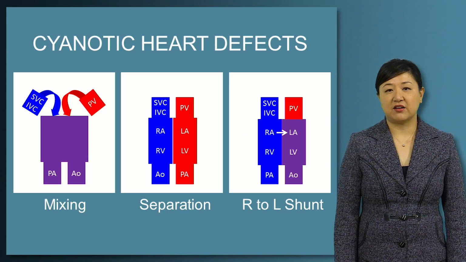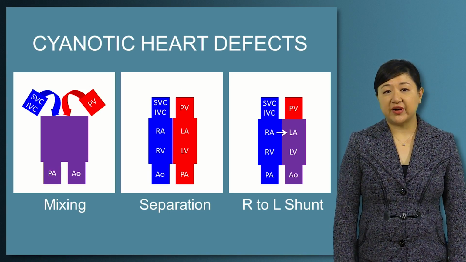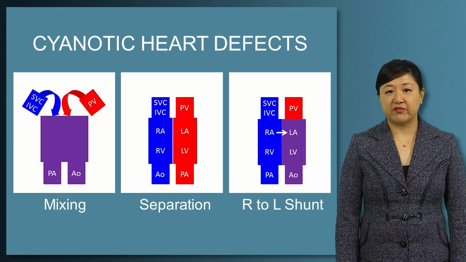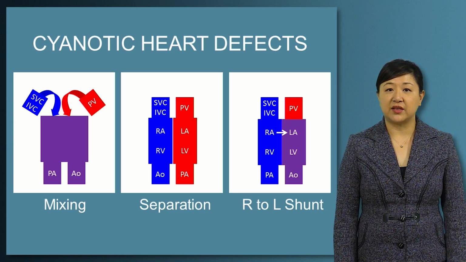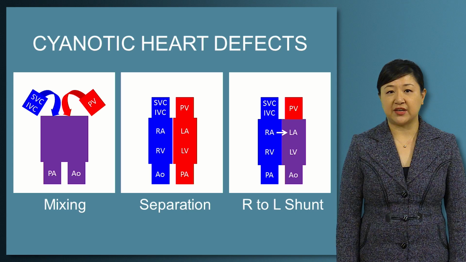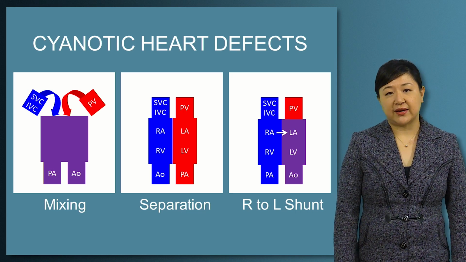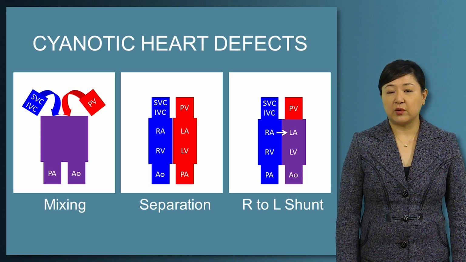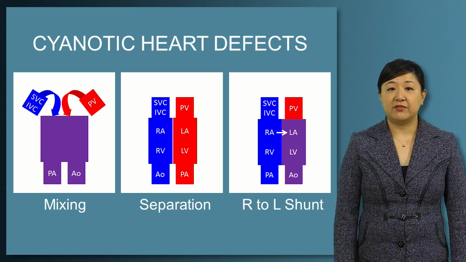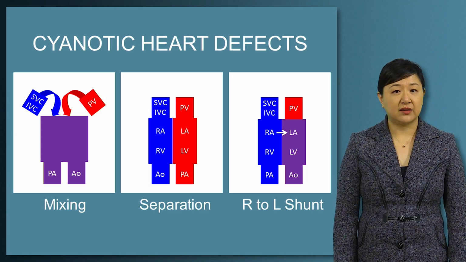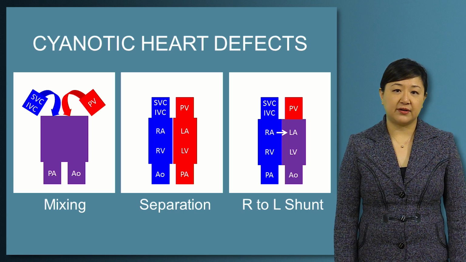Cyanotic heart defects cause cyanosis by providing a way for deoxygenated blood returning from the body to bypass the lungs and re-enter the systemic circulation again. It does this through 3 overlapping mechanisms. One is mixing, where deoxygenated blood and fully oxygenated blood from the lungs is able to mix inside the heart.